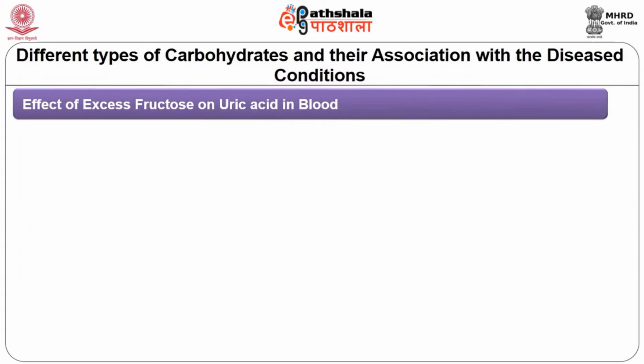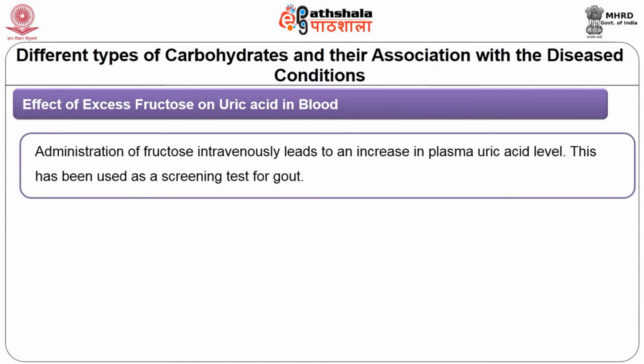Now we will see the effect of excess fructose on uric acid in blood. Administration of fructose intravenously leads to an increase in plasma uric acid level. This has been used as a screening test for gout.